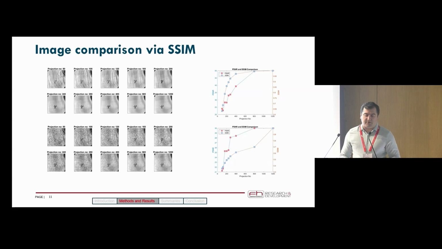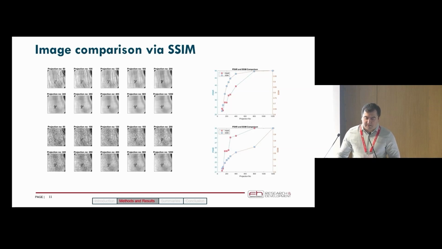How did we optimize the projection numbers? Without any physical effects and with physical effects, the optimization was done with one real CT scan. Then we created a similar one with simulations and measured the structural similarity index between these.